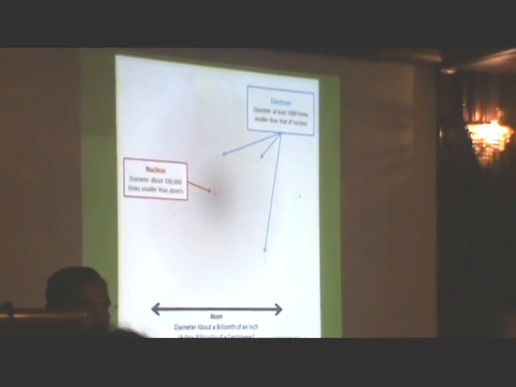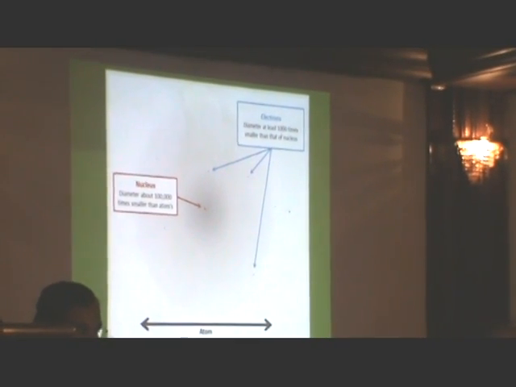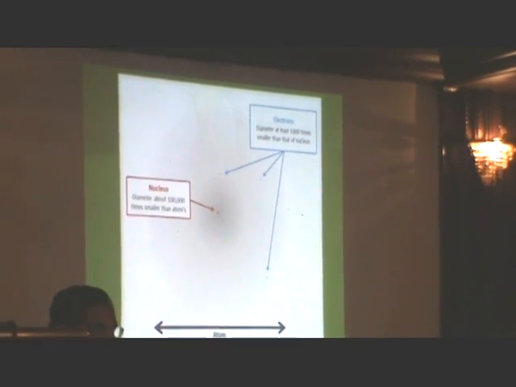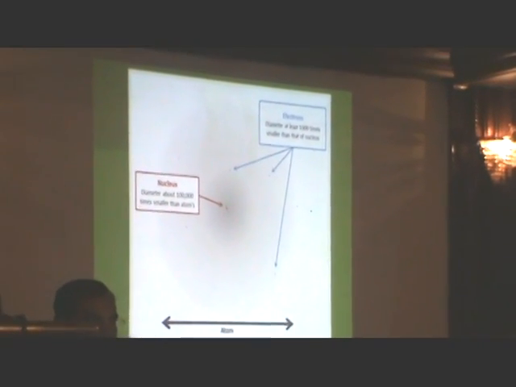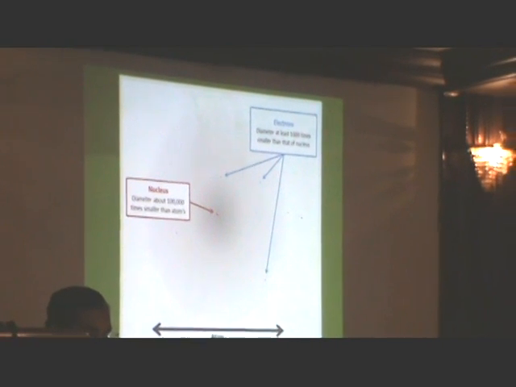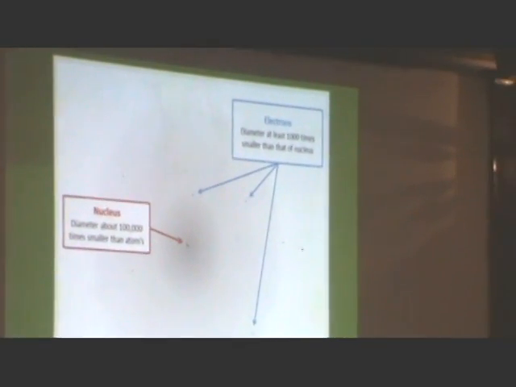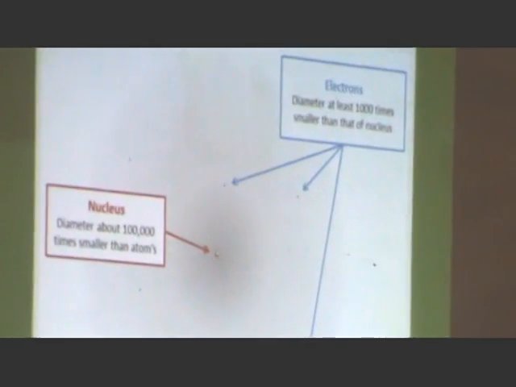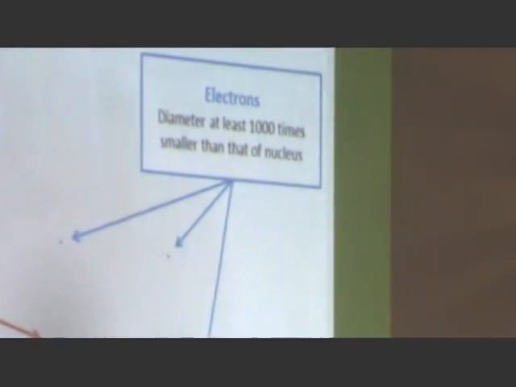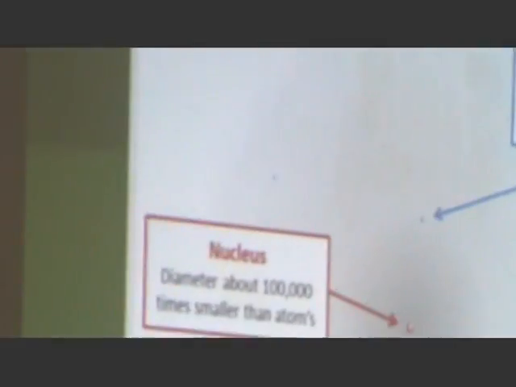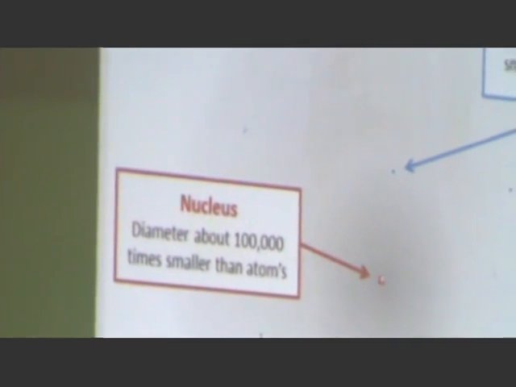Okay, here's more. This is more what an atom looks like. It's not good for illustration, certainly not good for school textbooks. But you see the little dot in the center is the nucleus, which is about 100,000 times smaller than the atom. And again, the electrons themselves are 1,000 times smaller than that of the nucleus.